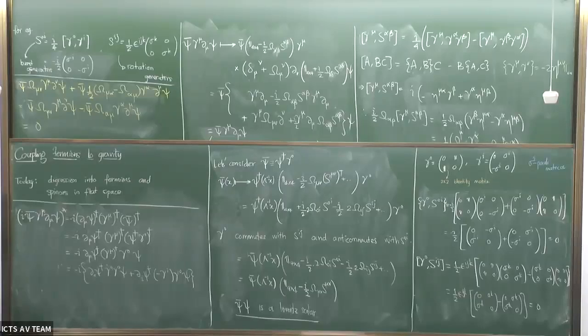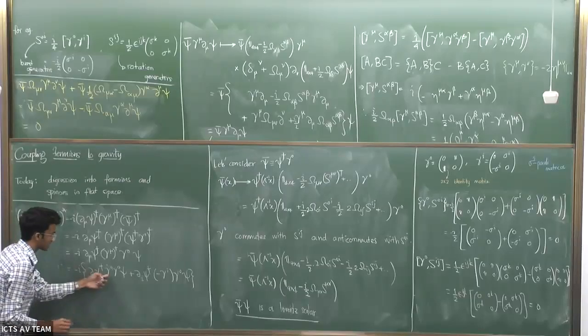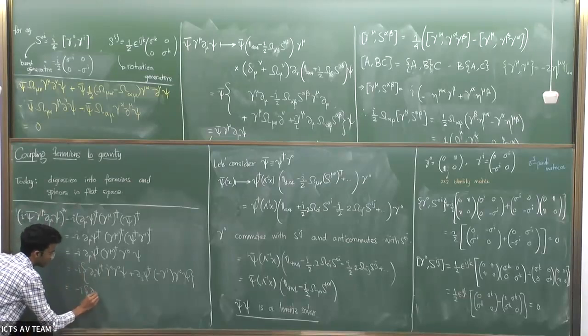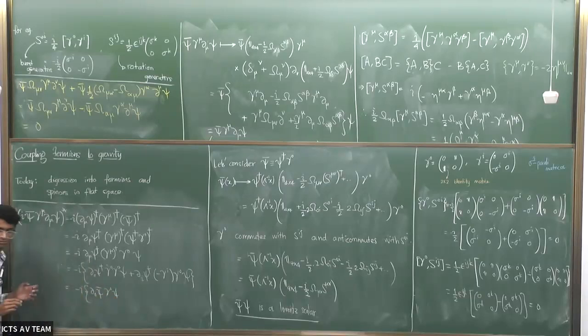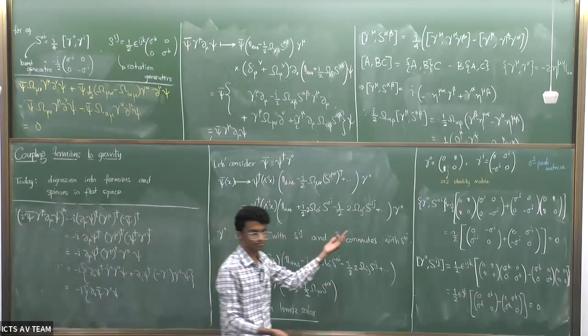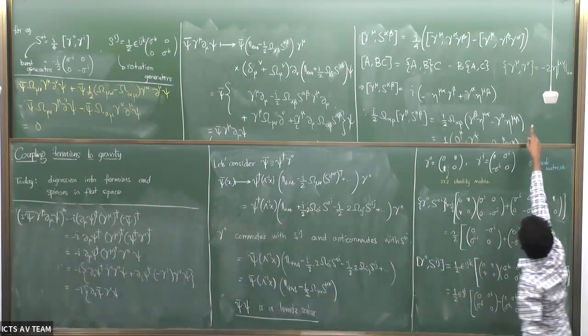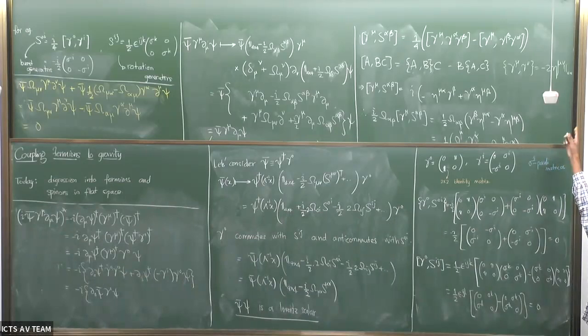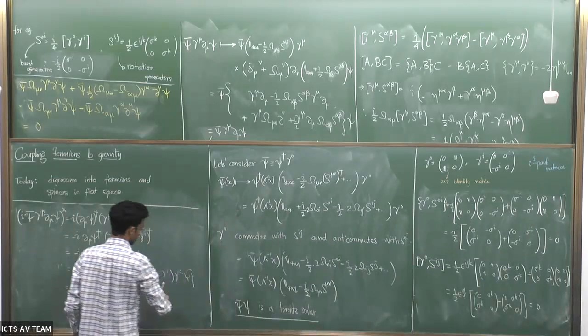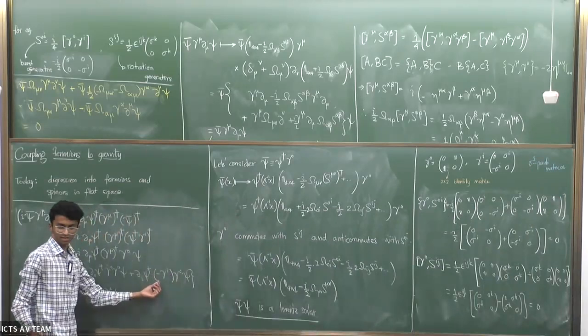Cool. Great. So now this gamma 0 I can pull inside and make this a psi bar. So it becomes minus I del 0 psi bar gamma 0 psi. Gamma 0 anti-commutes with gamma I, so if I pull the gamma 0 here, that'll give an additional minus sign.